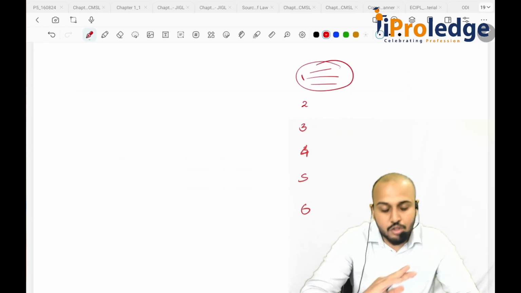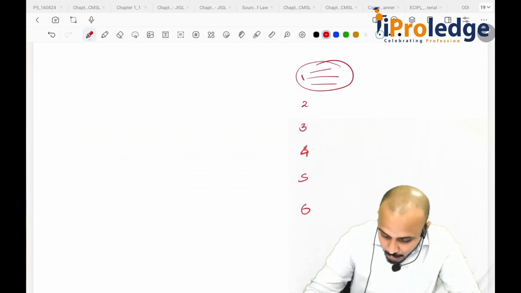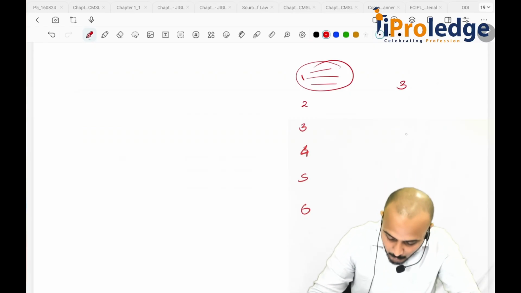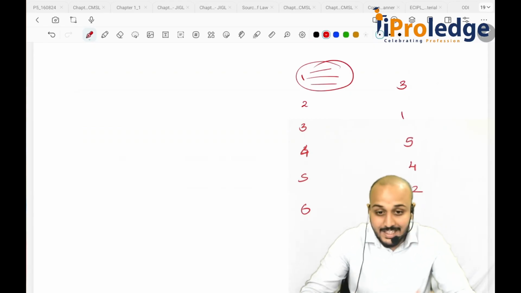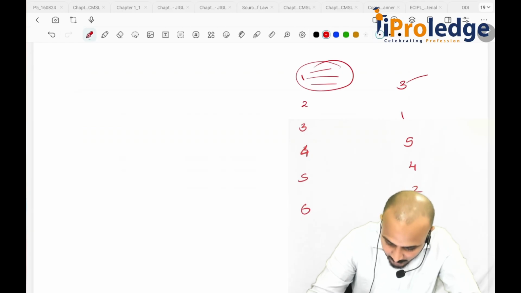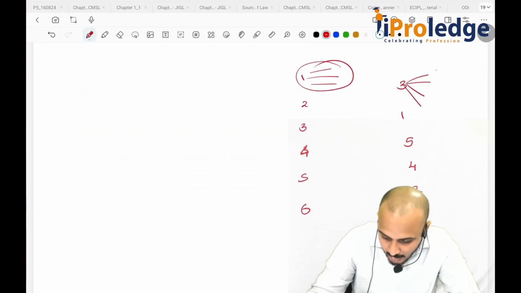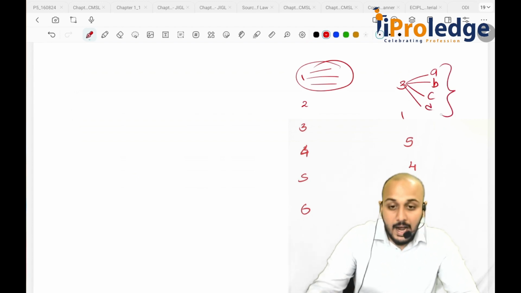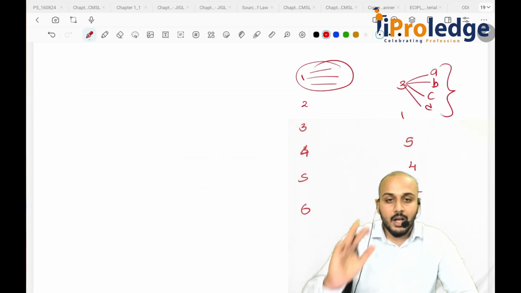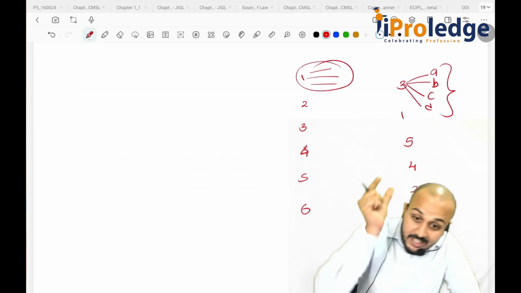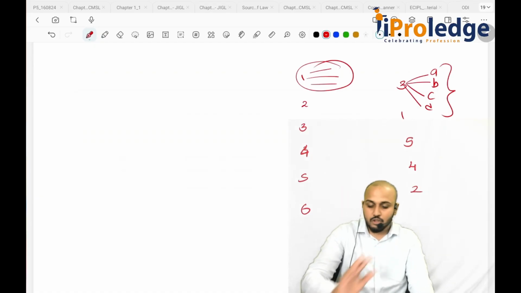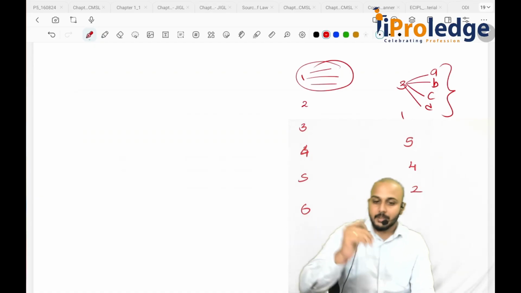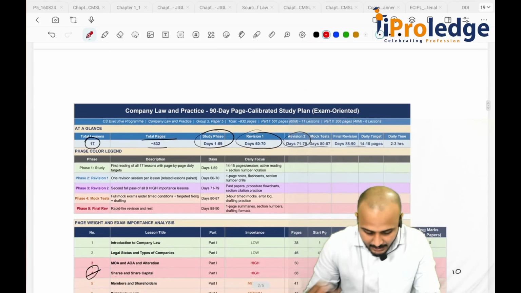These sub questions you should not change the order, but you can start with 3. Go with 1, go with 5, go with 4, go with 2. That is fine. But once you start 3, there will be many sub questions: A, B, C, and D. These 4 have to be in exactly the same order as in the question paper for that particular main question. Remember, the sub question order you cannot change, but the main question order you can always change.